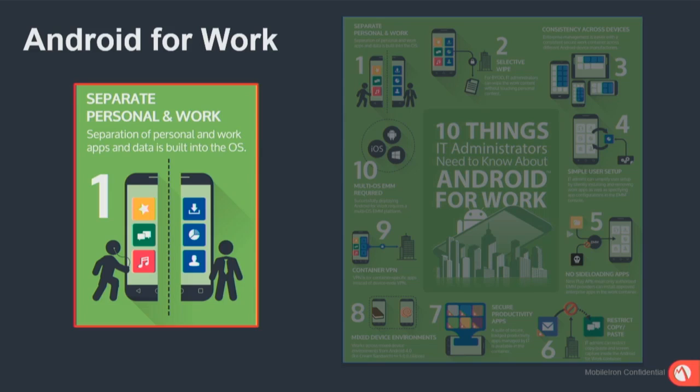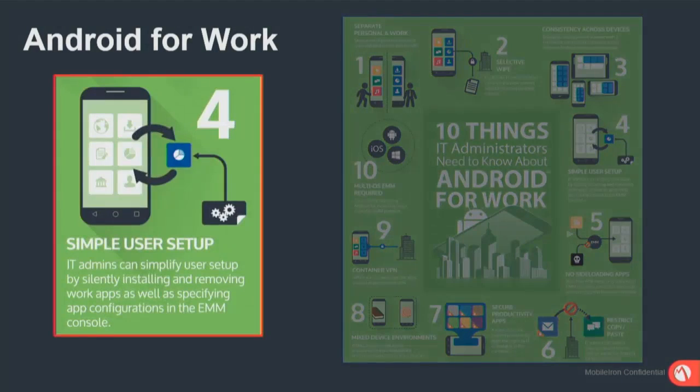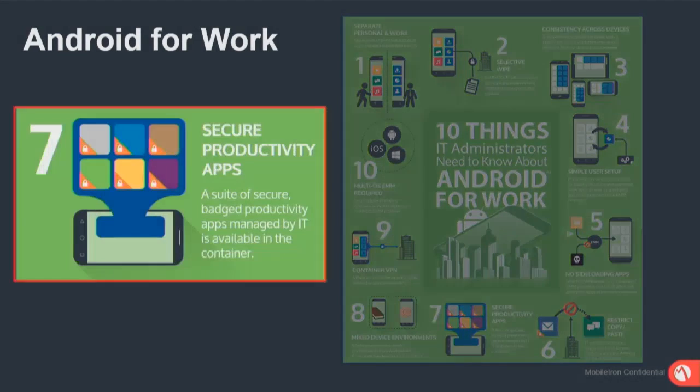So Android for Work offers a containerized solution for separating personal and work data. It also offers a simple user setup, eliminating user intervention by automating app installs, updates, and removing apps through the MobileIron console.